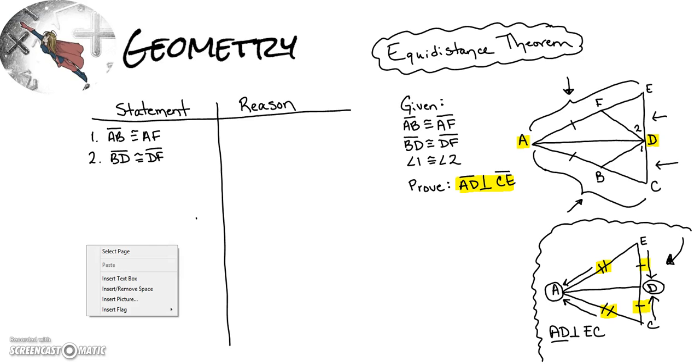That is here and here. And the third given is angle 1 is congruent to angle 2. So they give us that.